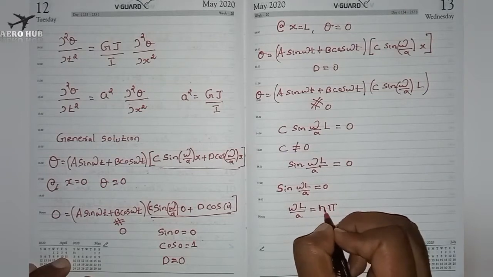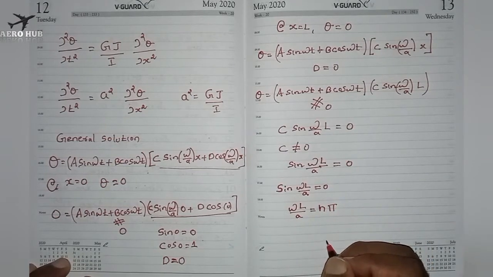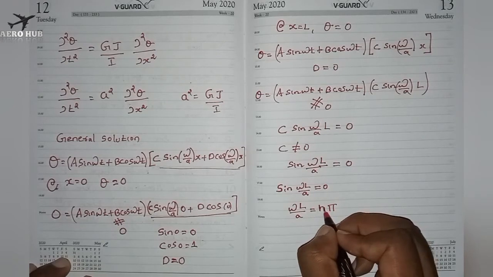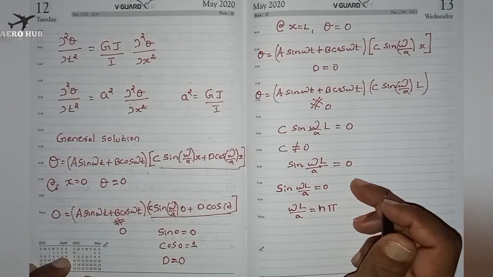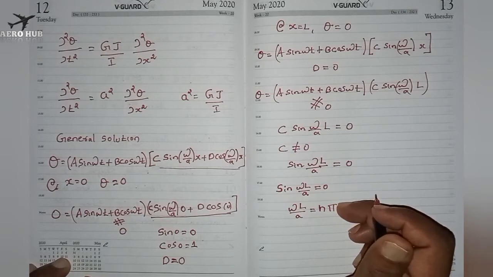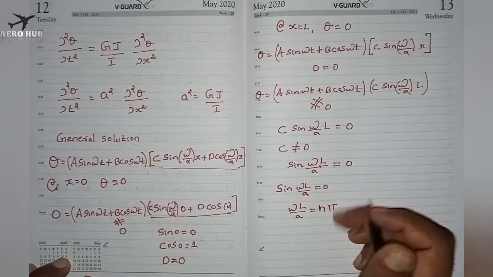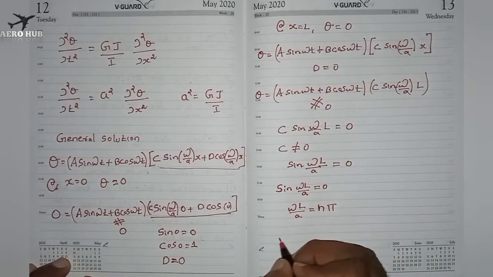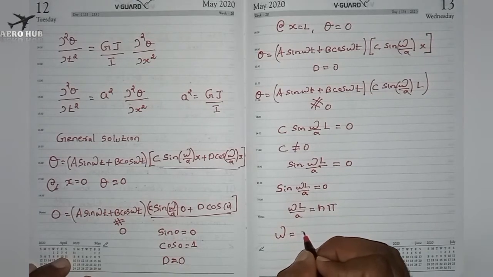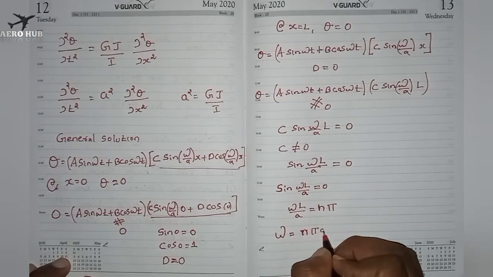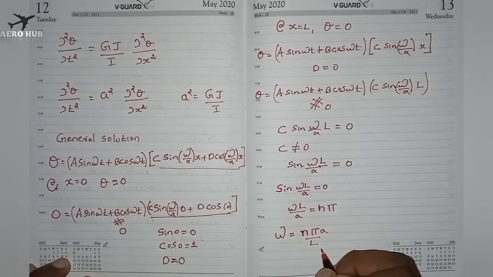Okay, the function sine is 0 in terms of nπ. Okay, the value of sin 180 is 0 and the value of sin 2π is equal to 0. Now you can see from this equation, ω = nπa/L. Okay, so you got the value of ω.